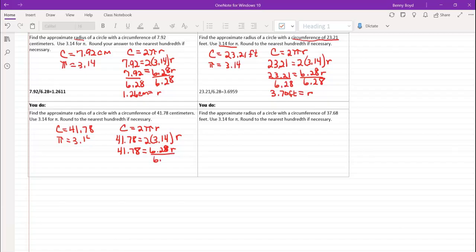And we'll divide by 6.28. And so R equals, let's plug that in our calculator, 41.78 divided by 6.28.